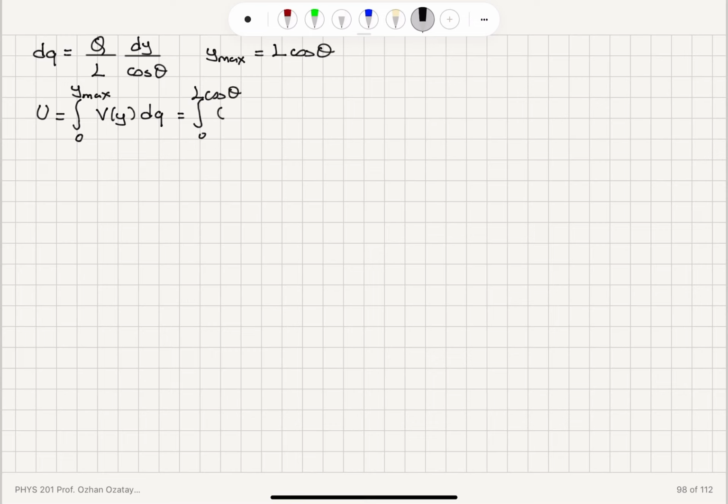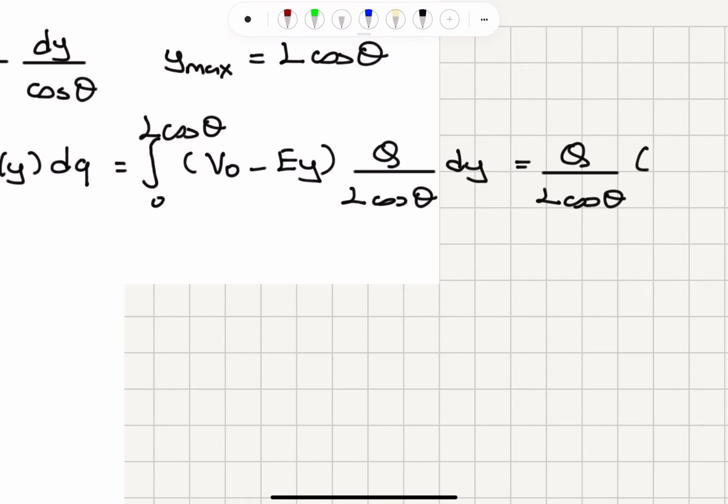The potential as a function of y, I know from part A, is this constant V0 minus Ey. The dq is capital Q over capital L cosine theta dy. So capital Q over L cosine theta comes out of the integral. Now I'm performing the integration.